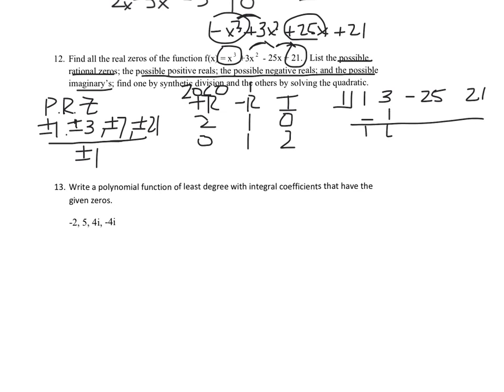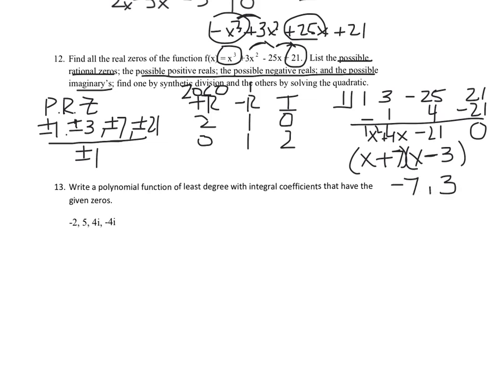Bring down the 1. And that does work. What I'm left with then is x squared plus 4x minus 21, which factors, could use 7 and 3. That 7's got to be positive to get a positive 4. And so your other zeros would be negative 7 and positive 3.